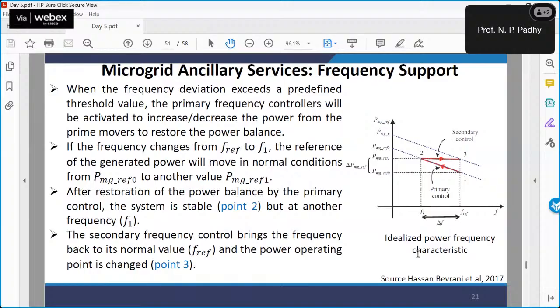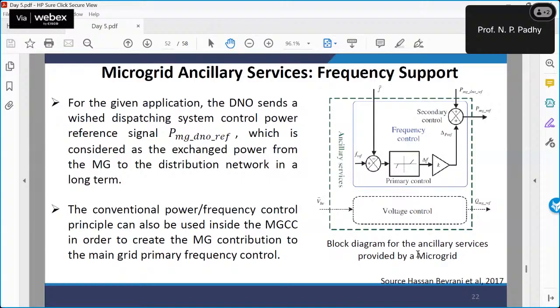So that is how the PF characteristic or PF curve works, and we will be able to understand the PF characteristic of any grid or a machine in more detail. So for the given application, the DNO sends a wished dispatching control power reference signal, known as PMG DNO reference.